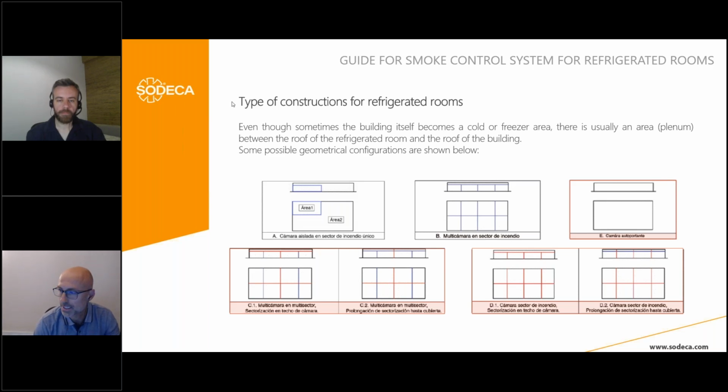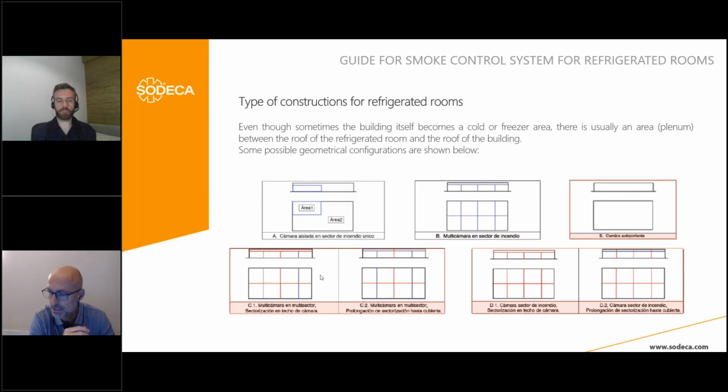For instance, in this case we only have one building with one camera, but we can have one building with multiple cameras inside. We can have one camera that is the building itself, okay? And then we can have other configurations where the walls or roofs of the refrigerated rooms are fire compartment elements.